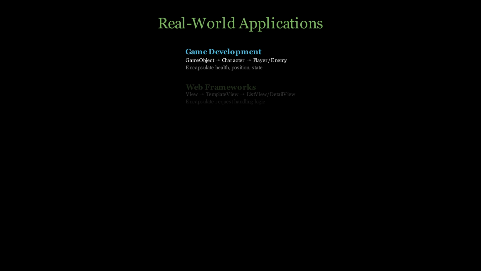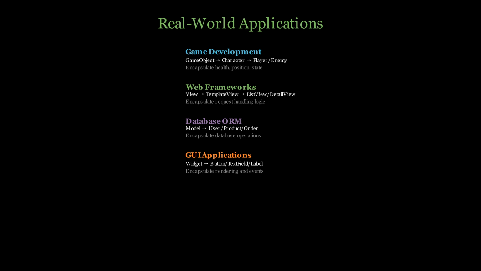Let's see where inheritance and encapsulation are used in real software systems. Understanding practical applications helps you recognize when to use these concepts. Game development uses inheritance for game objects: game object parent, character child, then player and enemy grandchildren. Health and position are encapsulated. Web frameworks inherit views: base view, then template view, then list view and detail view.